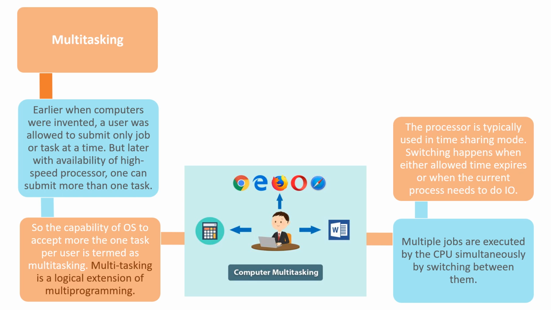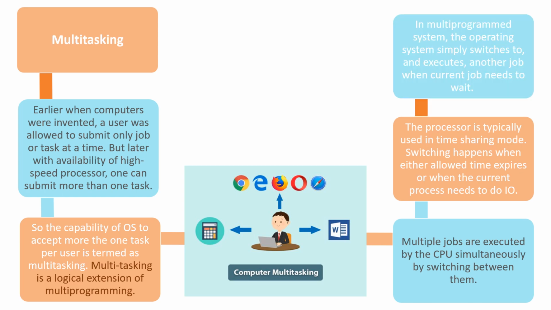In multitasking, the switching happens in time sharing mode when the allowed time expires for a particular process. In a multiprogramming system, the operating system simply switches to and executes another job when the current job needs to wait for a particular IO.